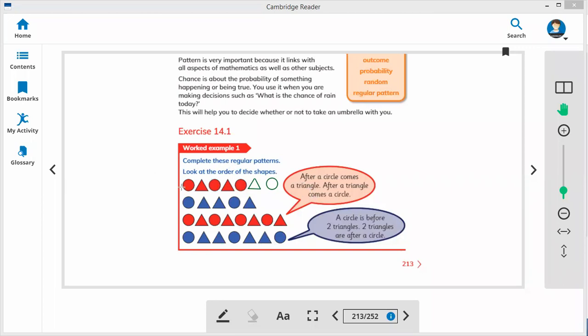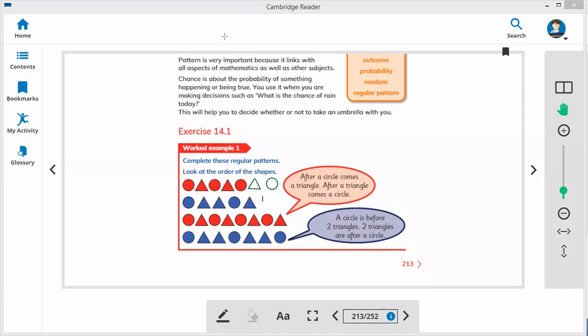Okay, moving on to the second row, we have a circle and two triangles, then a circle and here is one triangle. Is it a complete pattern? No, it is not. After a circle comes a triangle, after a triangle comes a circle. So here after one circle there should come two triangles.